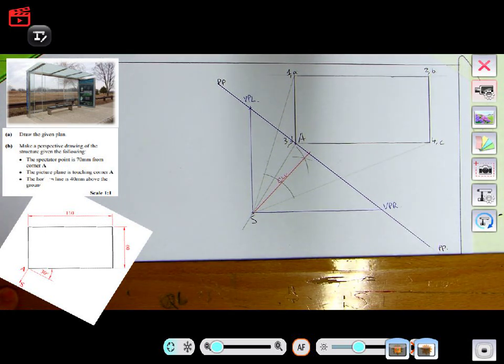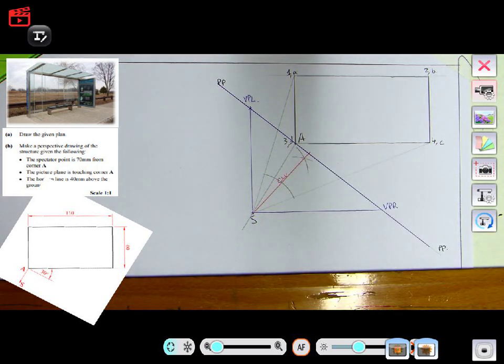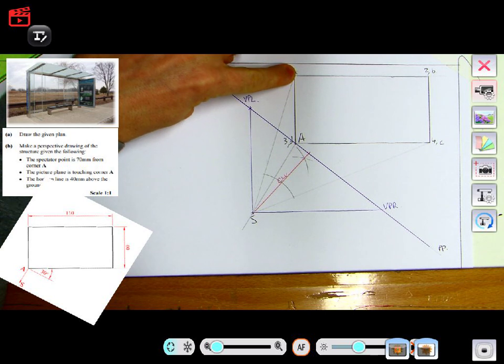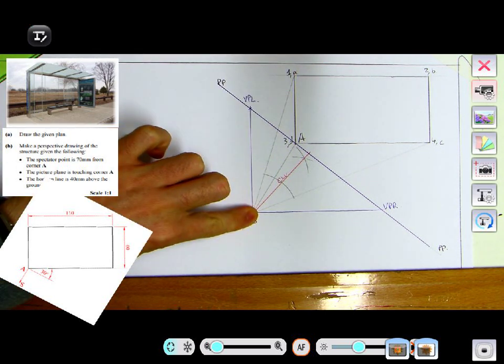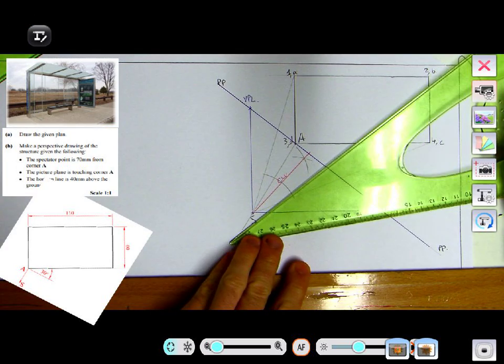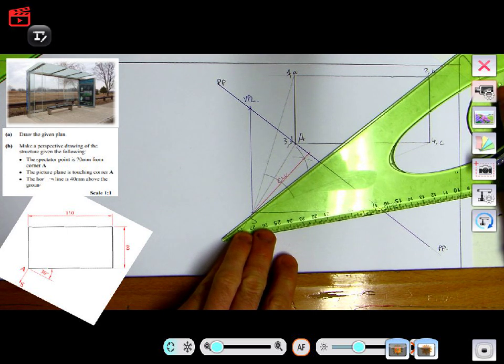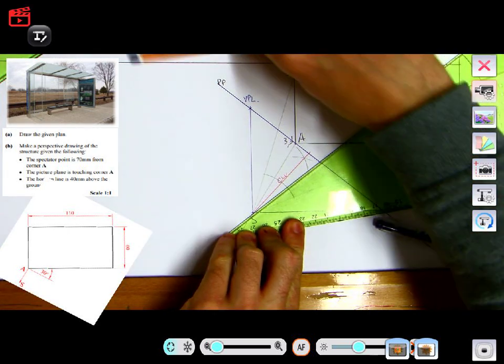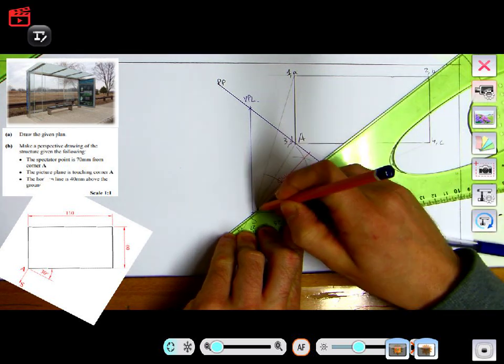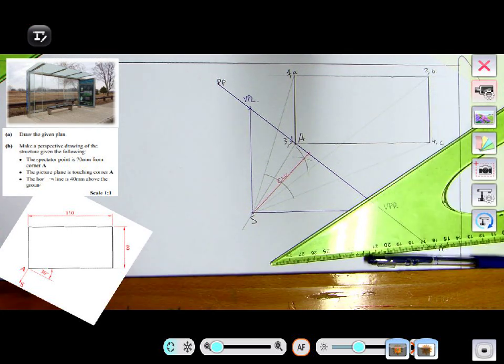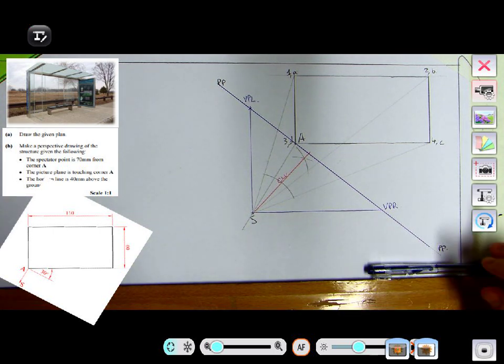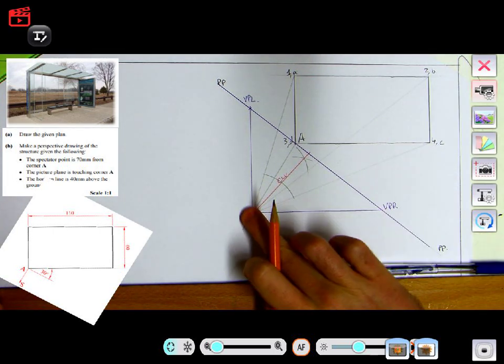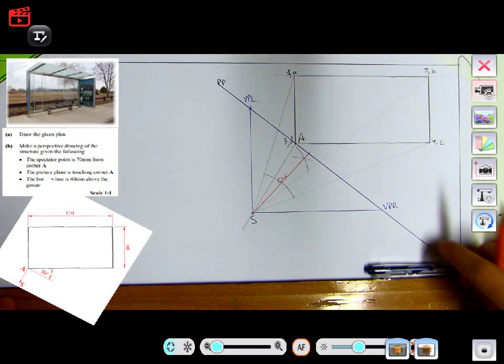And that is essentially all the work that we need to do with our plan view at the minute. Okay, I'm actually going to bring one more point. I have the 3 corners brought to the eye of the spectator. I'm just going to bring the 4th corner to the eye of the spectator using my pencil. So now all 4 corners of our plan view are brought to the eye of the spectator and are cast on the picture plane.